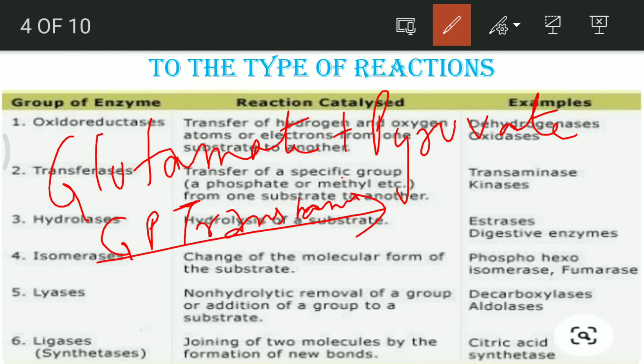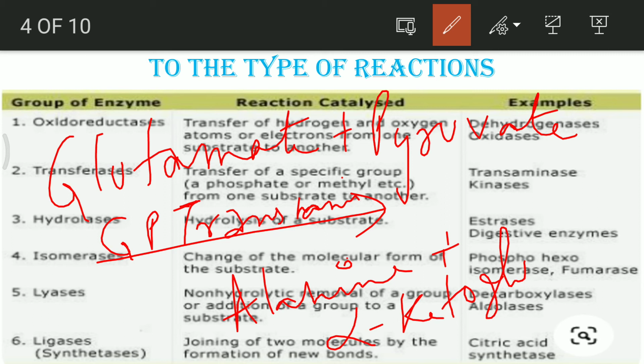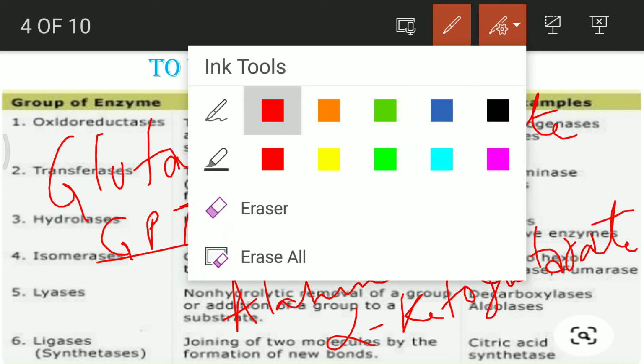And what will be the formation? It will form the alanine, because this is the amine group which is getting added, and we will be forming the alpha ketoglutarate. So glutamate is getting added with pyruvate, and in presence of glutamate pyruvate transaminase, it is forming alanine and alpha ketoglutarate. This is our second reaction.